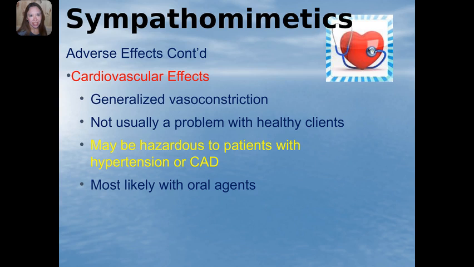But if we have a patient that is already experiencing hypertension, that chronic disorder, or they have coronary artery disease, giving these sympathomimetics for allergic rhinitis can actually lead to further complications with their chronic condition. So cardiovascular effects are generally not a problem with our healthy patients, but we really shouldn't be giving the sympathomimetics to our patient that has a chronic disorder, especially a cardiovascular disorder.